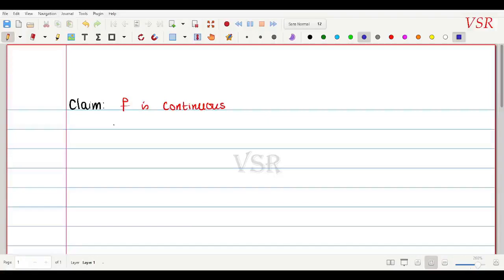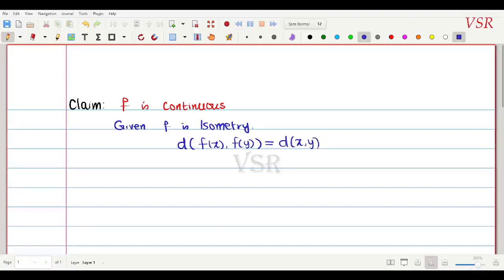Given f is an isometry, we have this condition: distance between f(x), f(y) is equal to distance between x, y, as given, for every x, y belongs to X1.